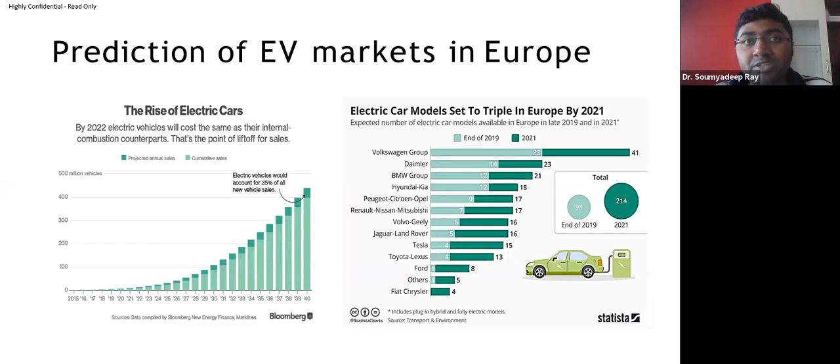Much more is lining up for the upcoming 5 to 10 years in the electric vehicle segment in India, that I can assure you. So this is a good time to jump into this area, and it will be there in India for at least the upcoming 20 to 30 years.